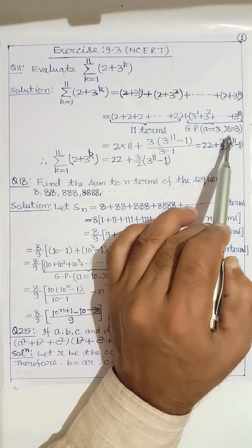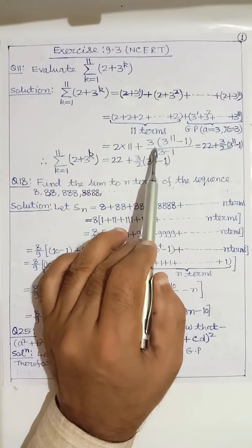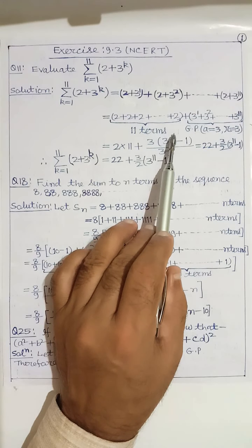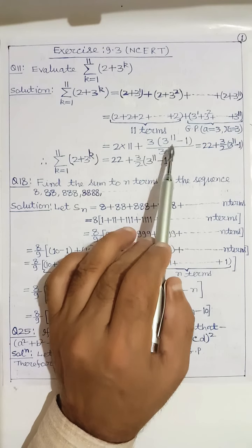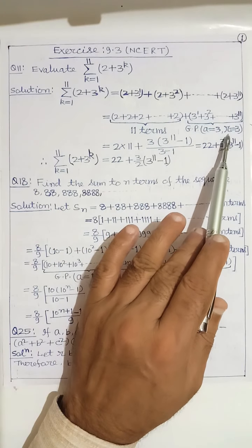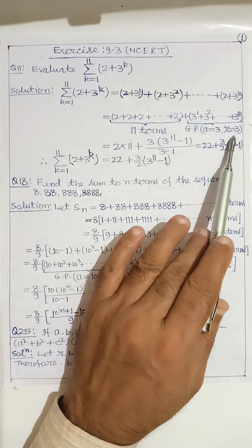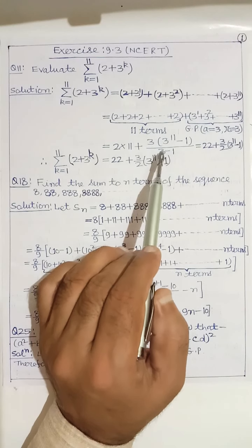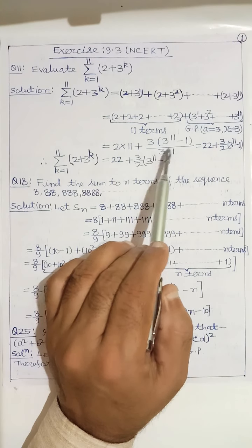Dear students, here r is greater than 1. So we use the formula for the sum of n terms of a GP, that is a into r to the power n minus 1 by r minus 1. We use it when r is greater than 1, and here r is 3, which is greater than 1. So for this sum we use the formula of the sum of n terms.